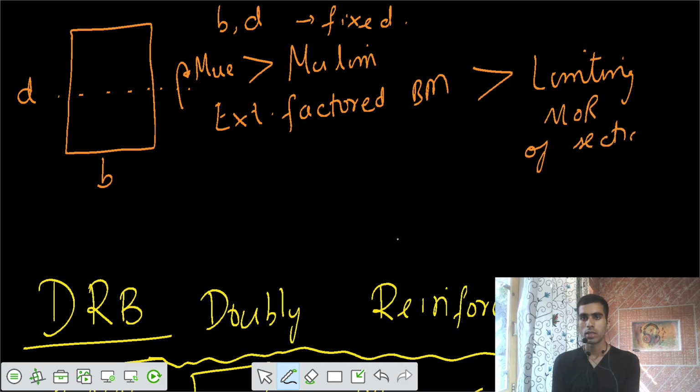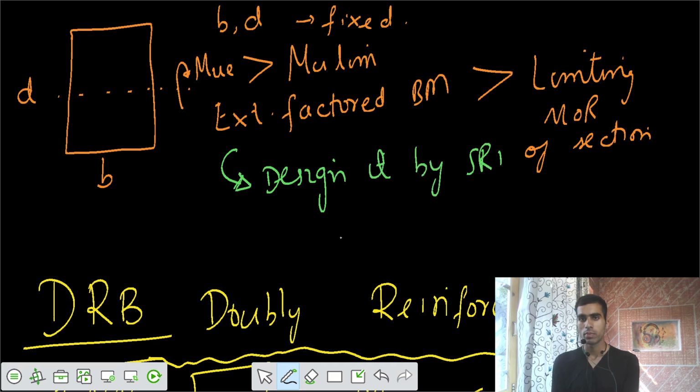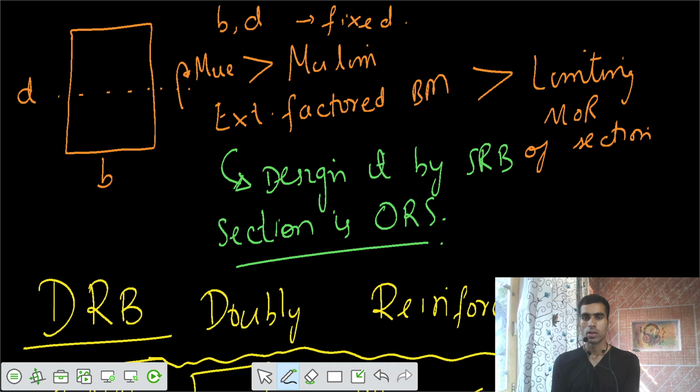At that point, if you want to design it as a singly reinforced beam, that means your section would be over reinforced. The section is ORS in that case. We don't want that section to be ORS, we want the section to be URS.